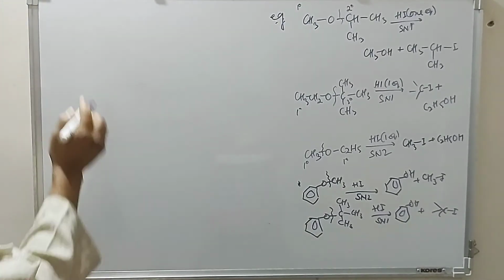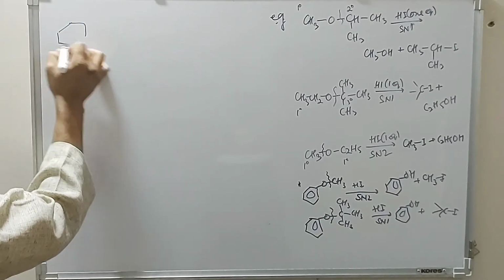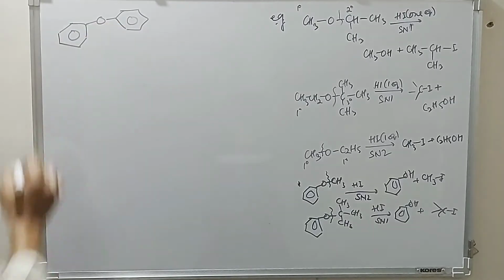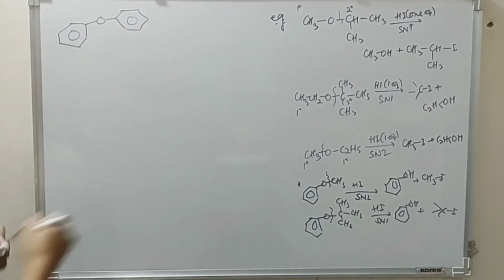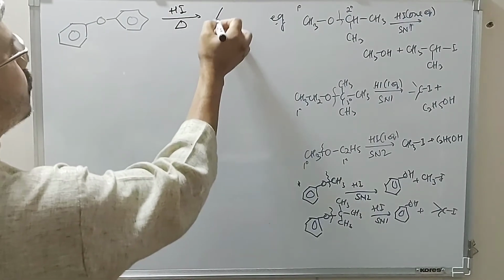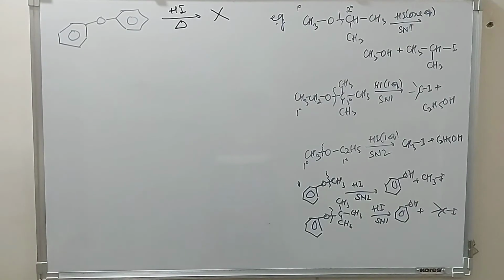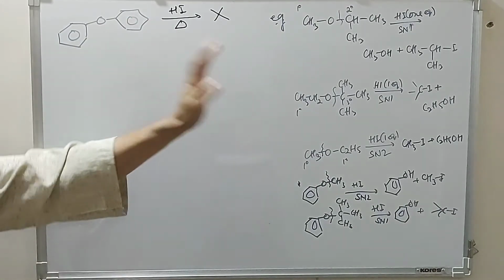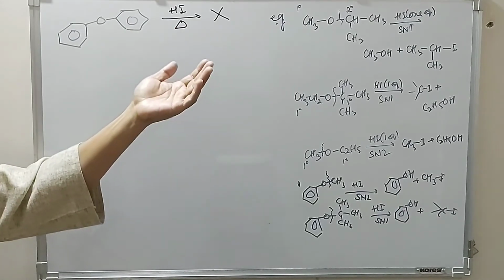But if we have a look at this, both aryl groups, if this diaryl ether is heated with HI, no reaction takes place. The reason being, this cannot undergo reaction by SN1 as well as SN2. Why can this not undergo SN1?